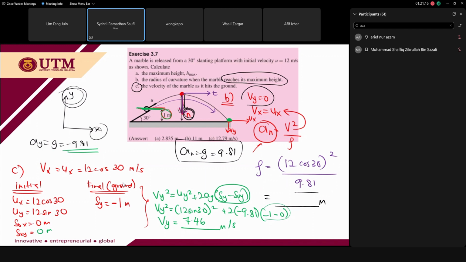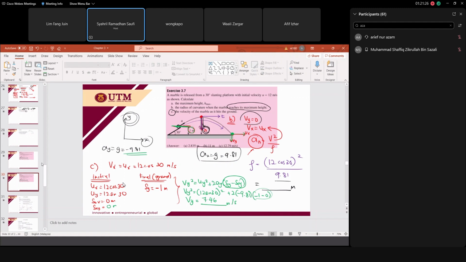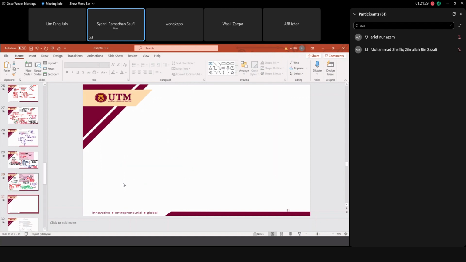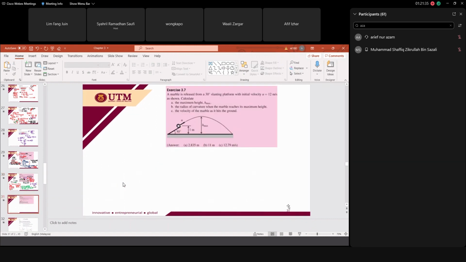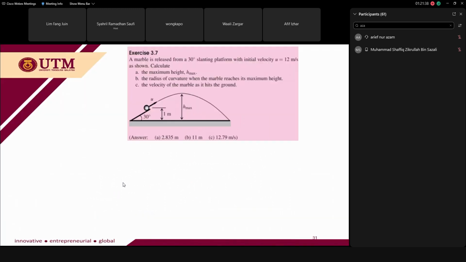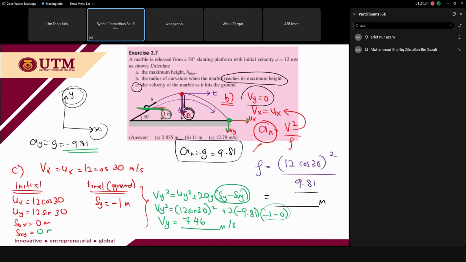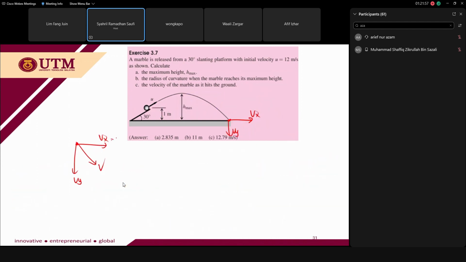This is the direction of Vy, and this is the direction of Vx. Here is Vx, here is Vy, and then you need to determine your V. Vx is 12 cos 30, and Vy is 7.46.